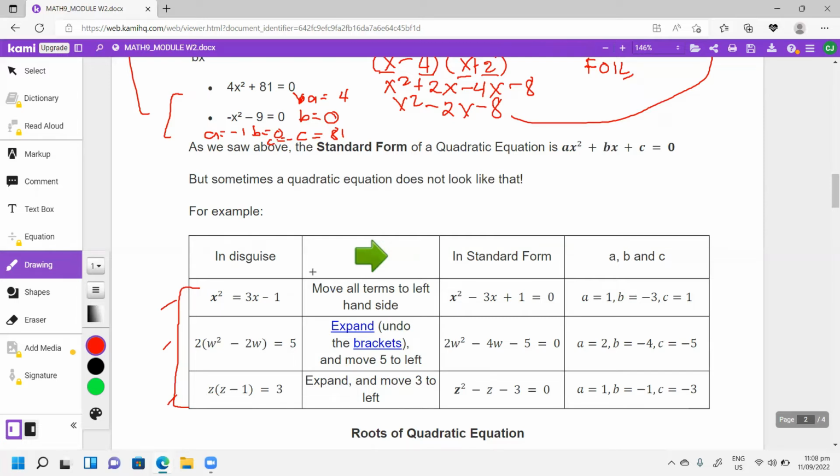So what you do is that from this kind of quadratic equation, we will make it into standard form first before we identify the A, the B, and the C. So with that, let us go with number 1. Example number 1. X squared is equal to 3x minus 1. For us to make this standard form, we will transpose, or move all the terms on the right side to the left side.